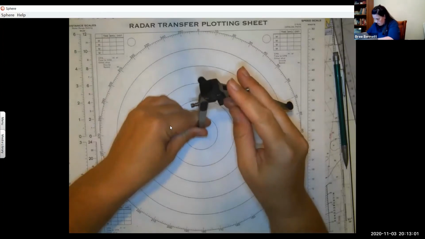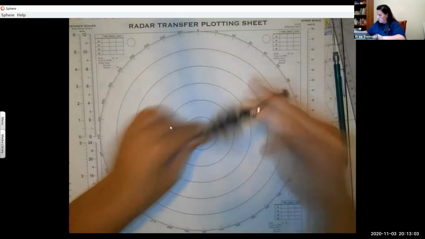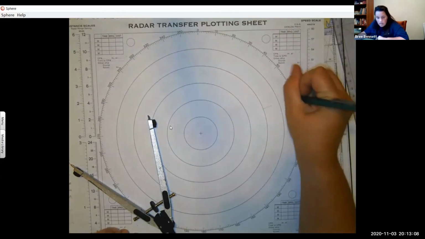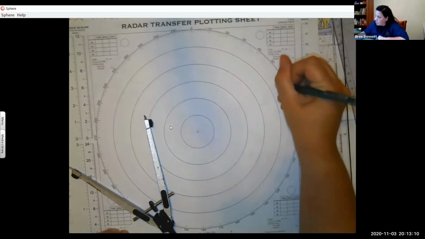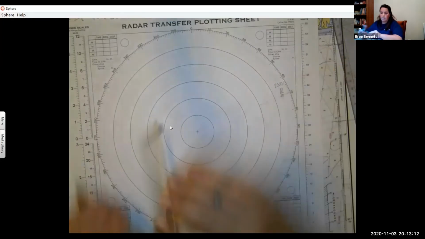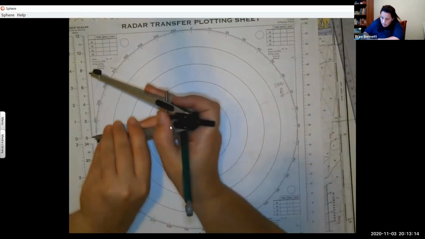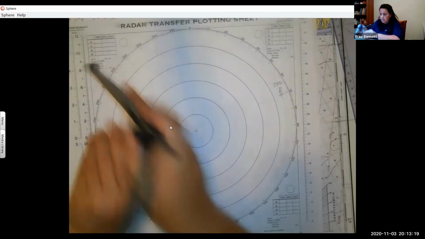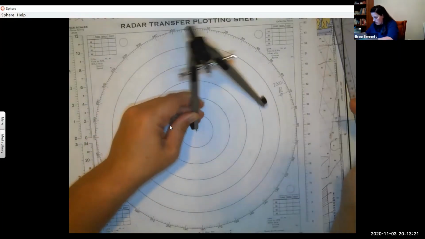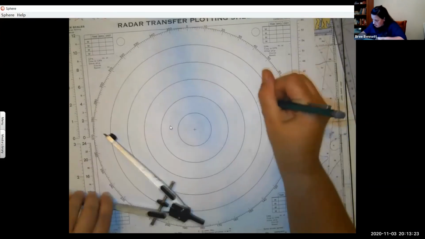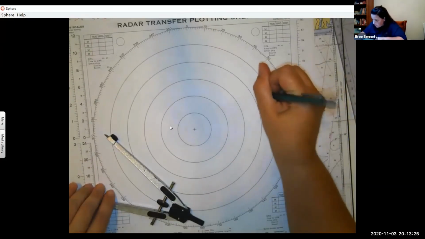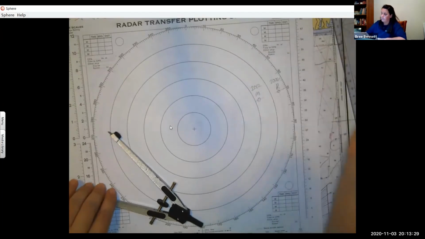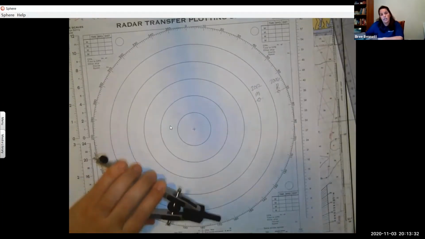We labeled this R, and this was at 2006. And then we have 8.5, and this was at 2012. So we have our R and our M.